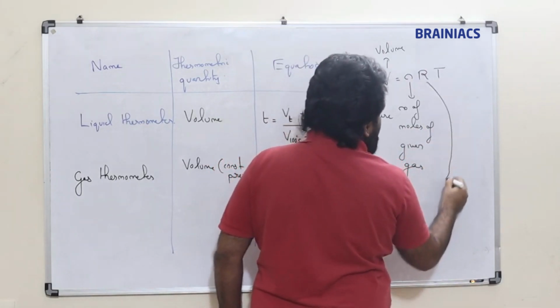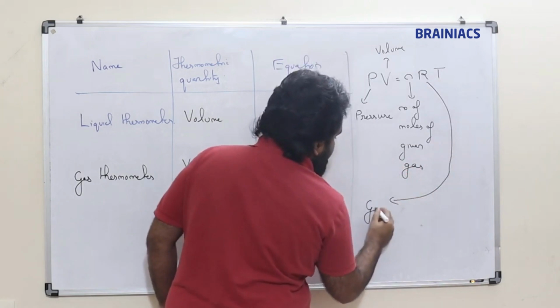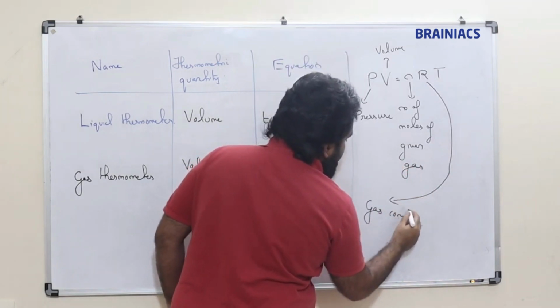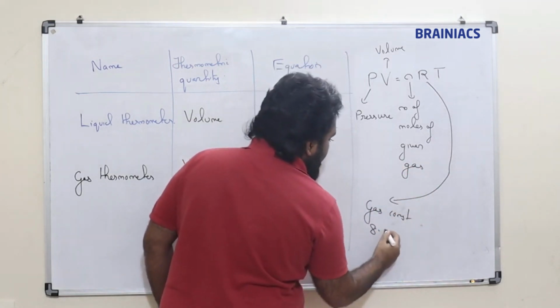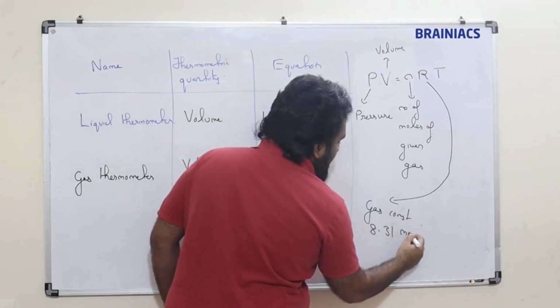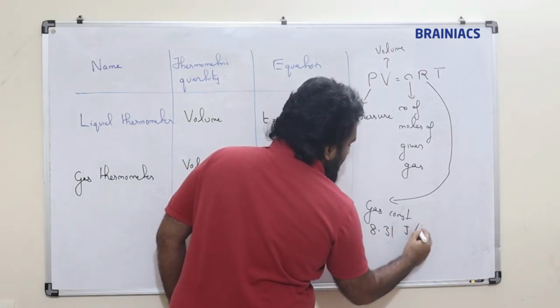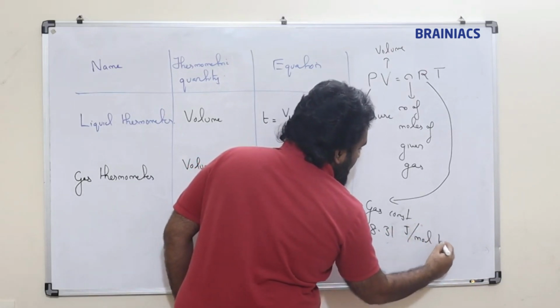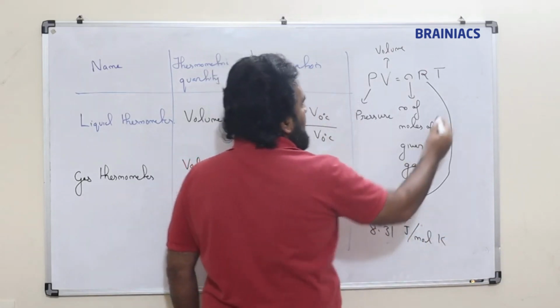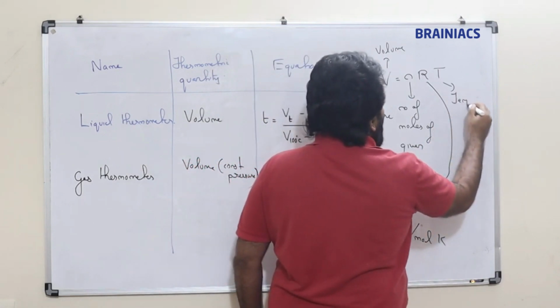R is the universal gas constant. Its value is 8.31 joule per mole Kelvin, and T is temperature.